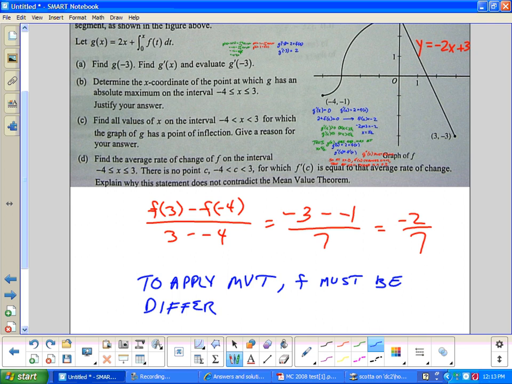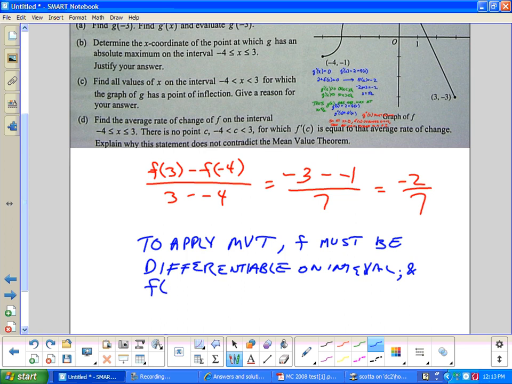Right? Do we agree? And what do we know? And f of x is not differentiable at 0. Do we agree?